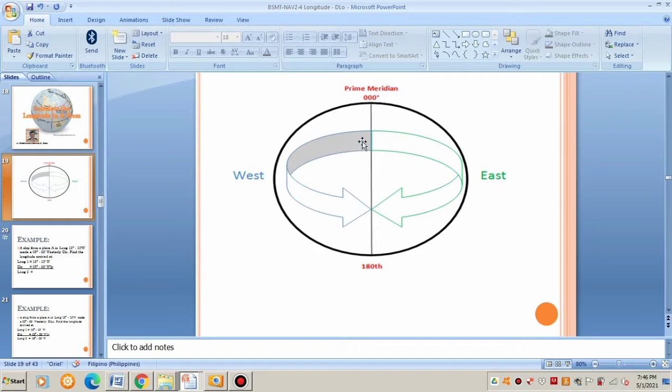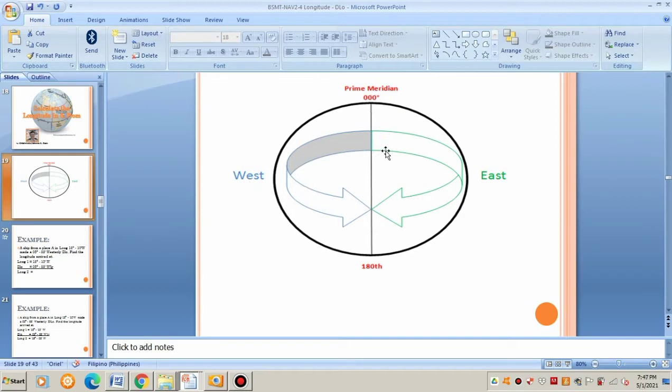Then please take note of these arrows. If we have the blue arrow here, which is pointed towards the counterclockwise direction, then the direction is said to be westerly.